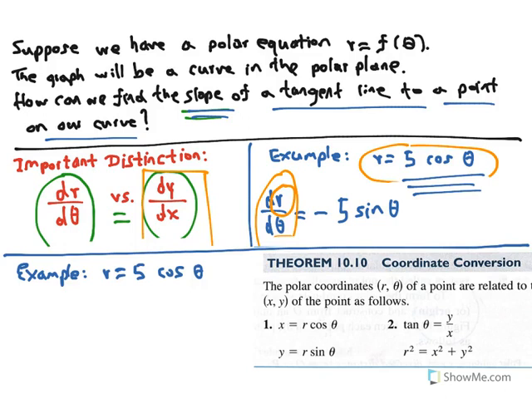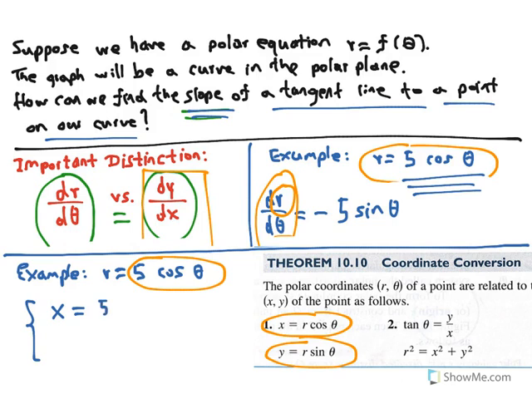To rewrite our polar equation in parametric form, we will use our coordinate conversion equations. So we will have x is equal to r times cosine theta. This is our given polar equation telling us what r is, so we will have 5 times cosine theta. That's r, and then we have to multiply that by cosine theta.